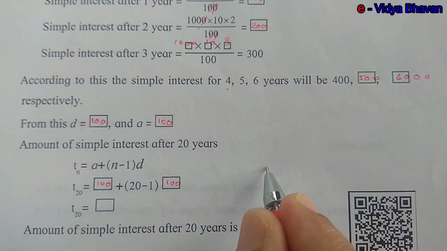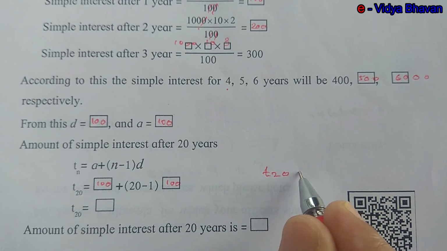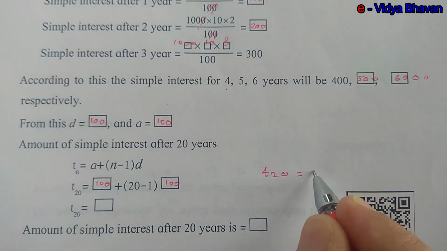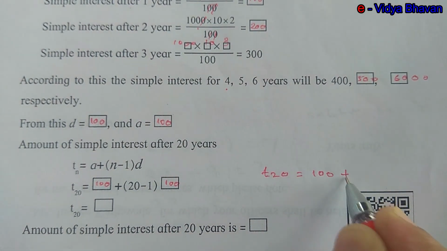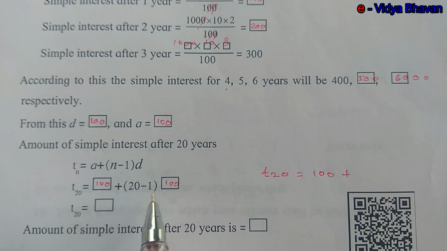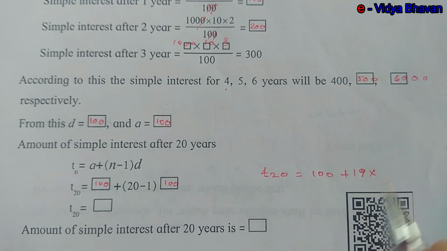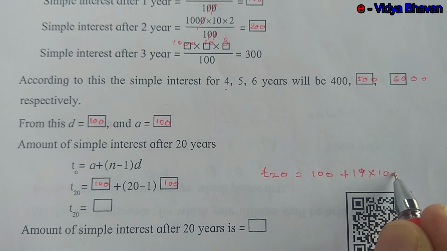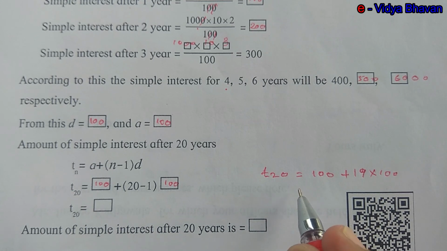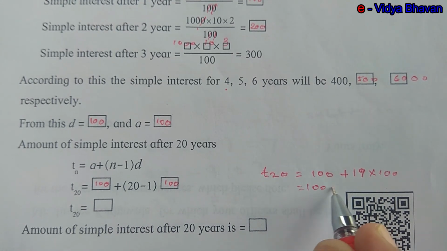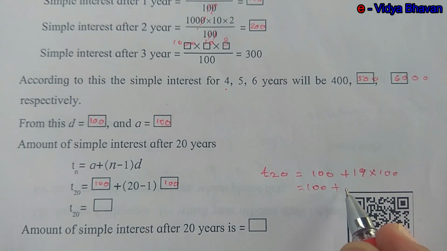We can solve on the side. T20 is equal to 100 plus 20 minus 1, we will get 19 into 100. Further, we have here 100, 19 into 100 will be 1900.